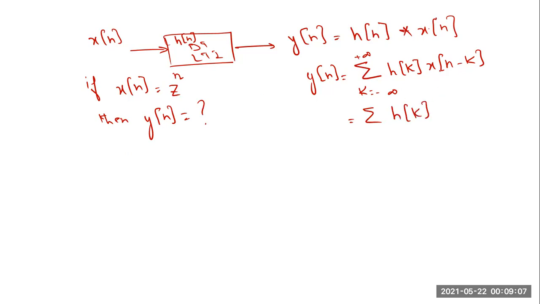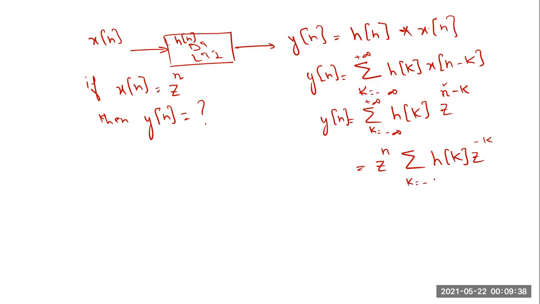For x of n minus k, I need to replace n by n minus k. Again, the summation is with respect to k. So this z to power n is constant, and I can take it outside of the summation operator. We are left with h of k, z to power minus k, where k is from minus infinity to plus infinity.